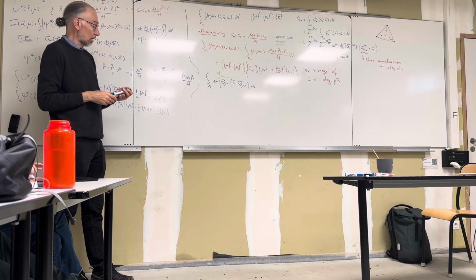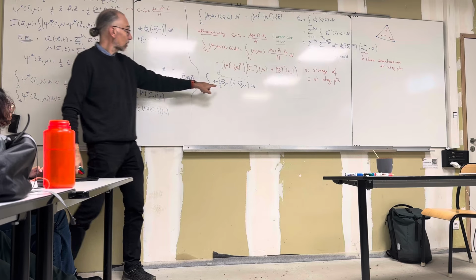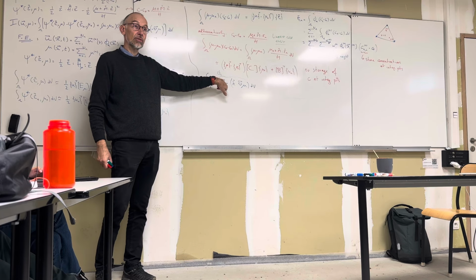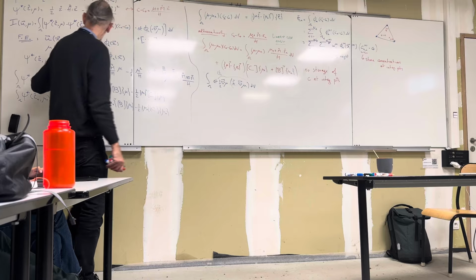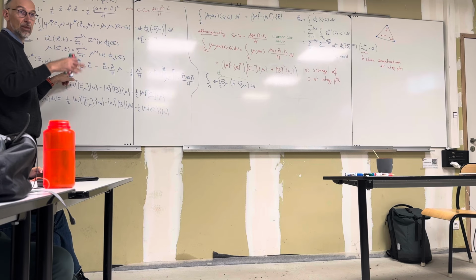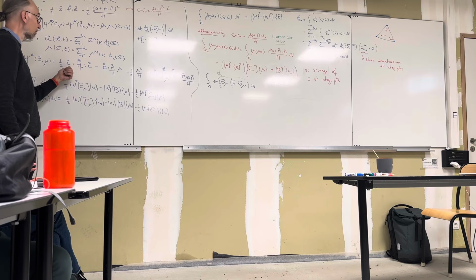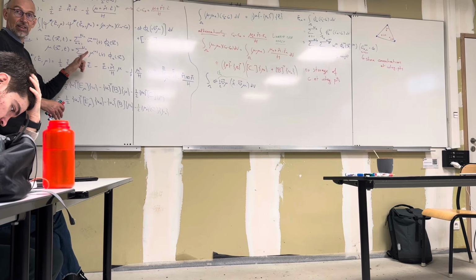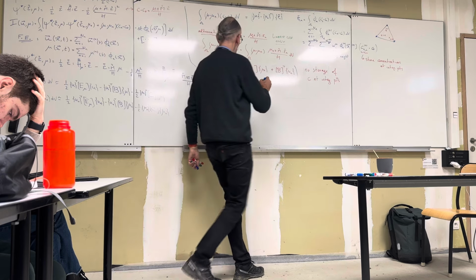So if I put my space discretization into this, I'm going to have gradients of shape functions in this. So very much like this one, except that it's not the same dimension. These are gradients of a scalar field, and these are gradients of a vector field. It's not exactly the same matrix, but this is going to give me this.